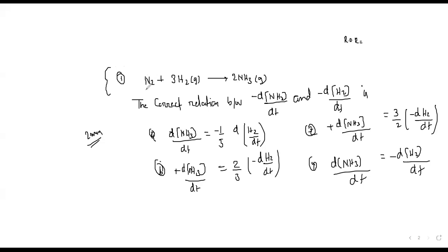For N2, 3H2 and 2NH3, we can write minus 1 into dN2 by dt, which is equal to minus 1 by 3 into dH2 by dt, which is equal to plus 1 by 2 into dNH3 by dt.